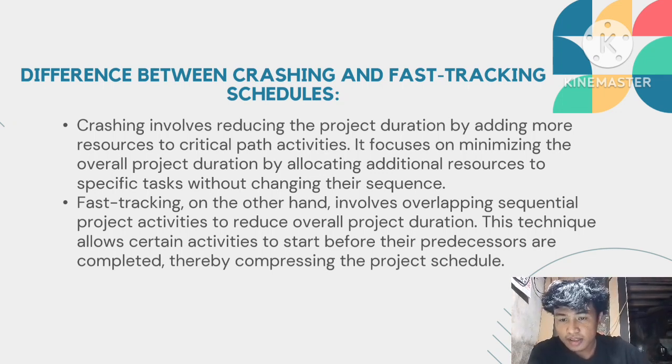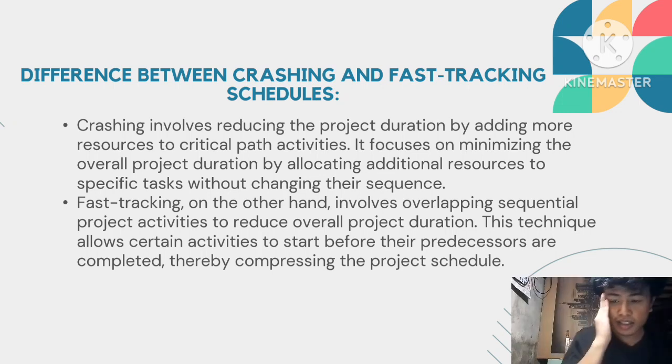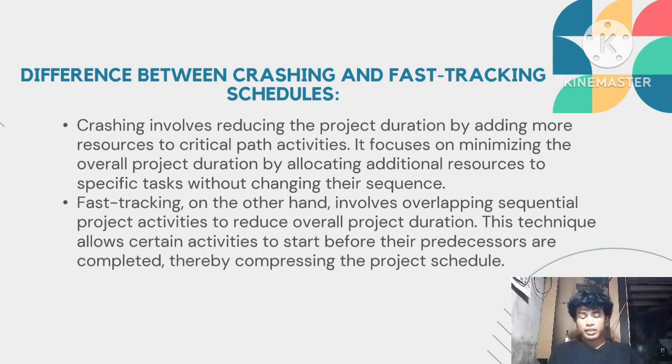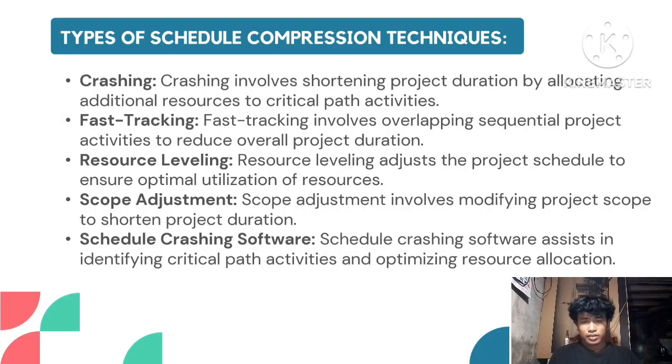Second is fast tracking, which, on the other hand, involves overlapping sequential project activities to reduce overall project duration. These techniques allow certain activities to start before their predecessors are completed, thereby compressing the project schedule.